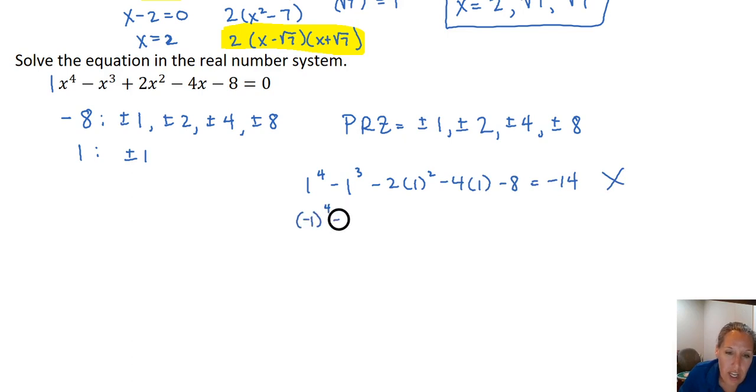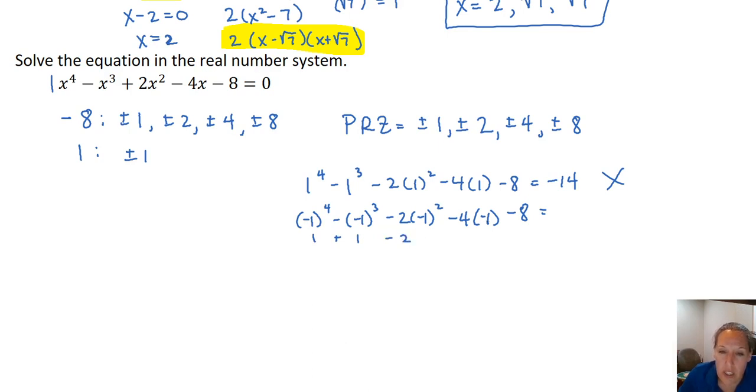If we try a negative 1, we get negative 1 to the 4th is a positive 1. Negative 1 cubed is going to be a negative 1, but we're subtracting it. So this is going to be 1 plus 1. Negative 1 squared times a negative 2 is negative 2.